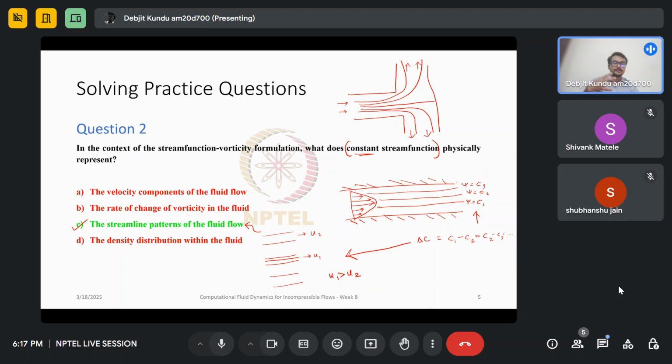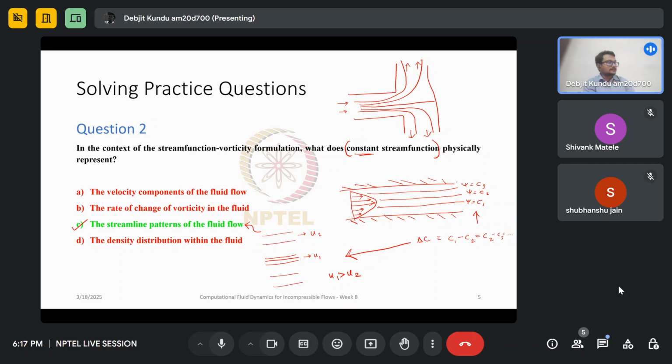So if you look at a flow field in which you have plotted the streamlines such that the differences are constant, it's the packing density of the streamlines that gives you an idea where there is high velocity and where there is lower velocity. So these are ways to analyze the flow field visually. It's a good technique.